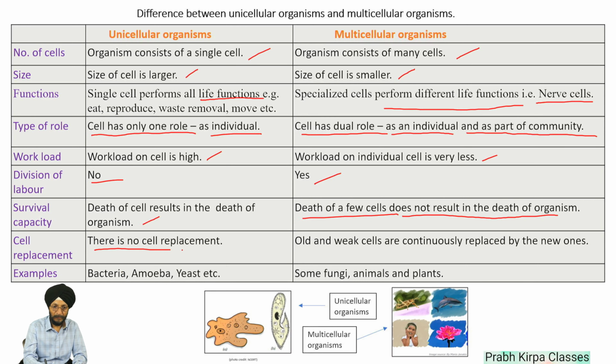There is no cell replacement in case of unicellular organisms, but in the case of multicellular organisms, old and weak cells are continuously replaced by new cells. Examples of unicellular organisms are bacteria, amoeba, yeast, paramecium, etc. In the case of multicellular organisms, examples are animals, plants, and some fungi.